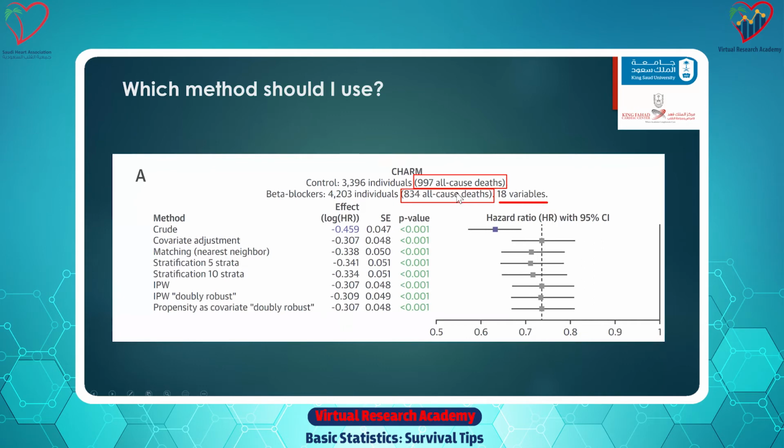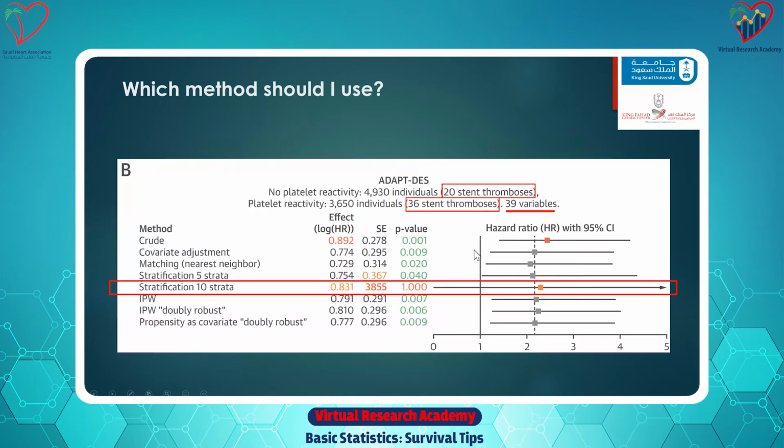Note here that they had lots of events, about 2,000 deaths, and they adjusted for 18 variables. We have this rough rule of 1 to 10, so you can use one variable for 10 events. This is not a must, but it's a rough estimate of how many variables you can include in your adjustment. So the conclusion here was, if you have good numbers of events and you didn't use too many variables, really the technique didn't matter much.